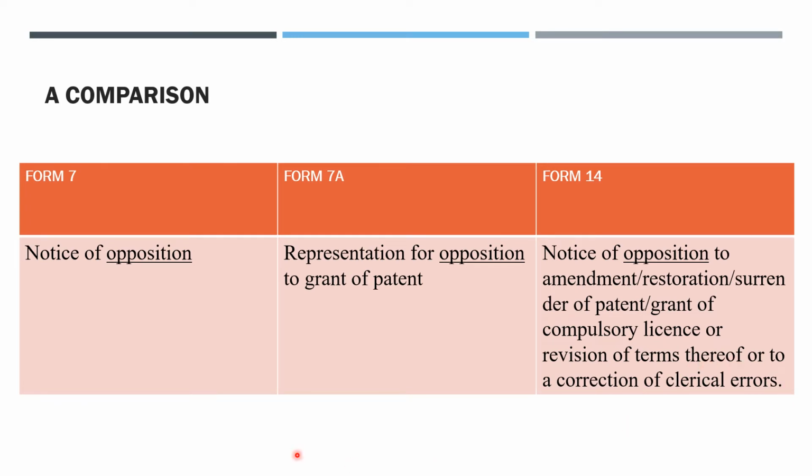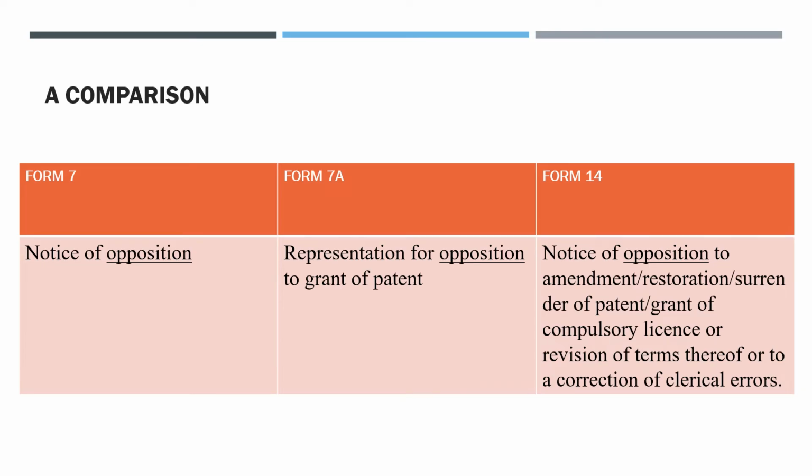When you compare these three forms, I think it will be crystal clear for you to differentiate between the three, and you will not be confused anymore. That's why I have compared all the three forms here for a clear understanding.